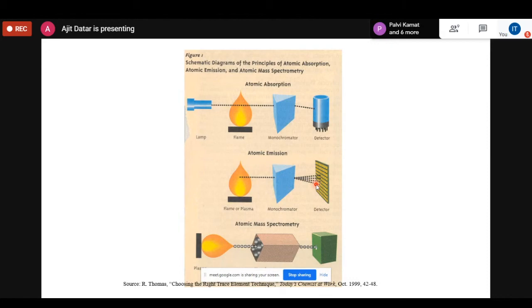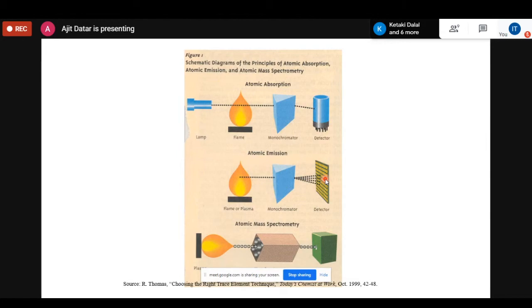So you can get the image or the signal over here, which is amplified, and at a given moment, you will be able to see all the elements which are present, and you can qualitatively find out how many elements are there, what those are, and then depending upon the intensity of the element, you can find out the concentration of each one of them.